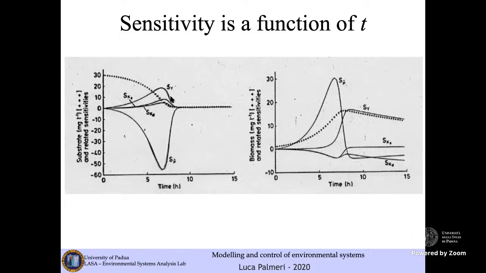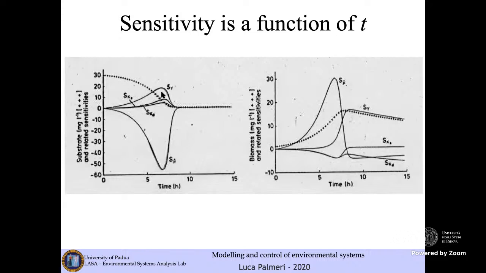So this is the substrate and related sensitivity. So we have a substrate with a population, let's think bacteria, that is growing by consuming a substrate that is food for the bacteria. Bacteria are feeding on the substrate.